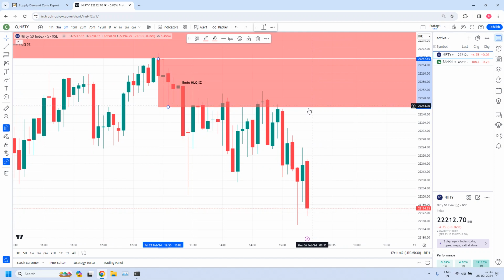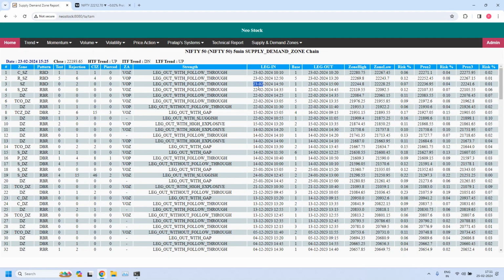So this is the one. This is a rally candle, base candle, drop candle. 23rd, 1450. Let me cross check again. Yes, 23rd February, 1450.